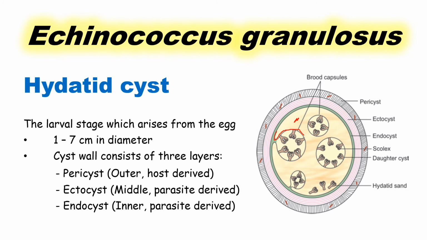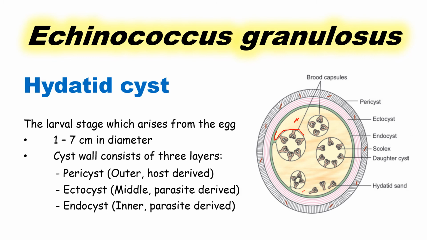Usually the brood capsules may rupture and release the protoscolices present inside. These protoscolices and brood capsules will be deposited at the bottom of the cyst, and this is referred to as the hydatid sand.